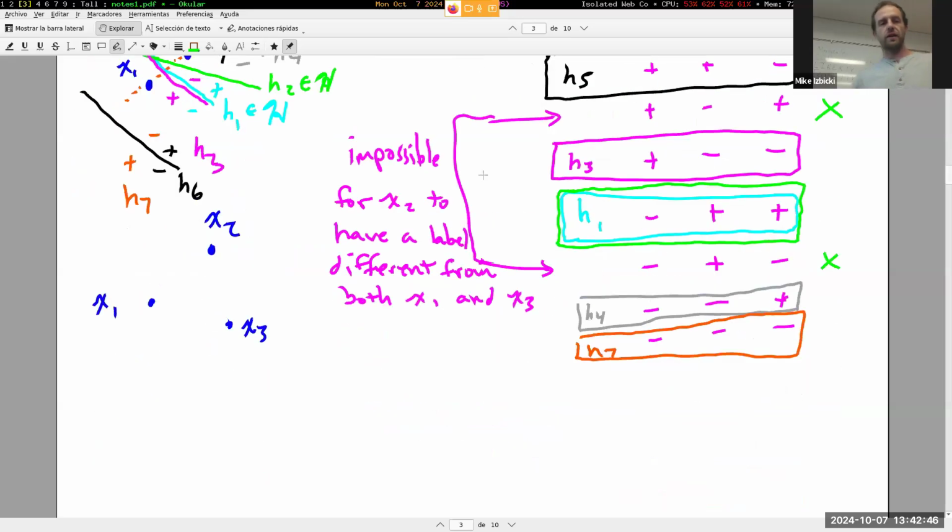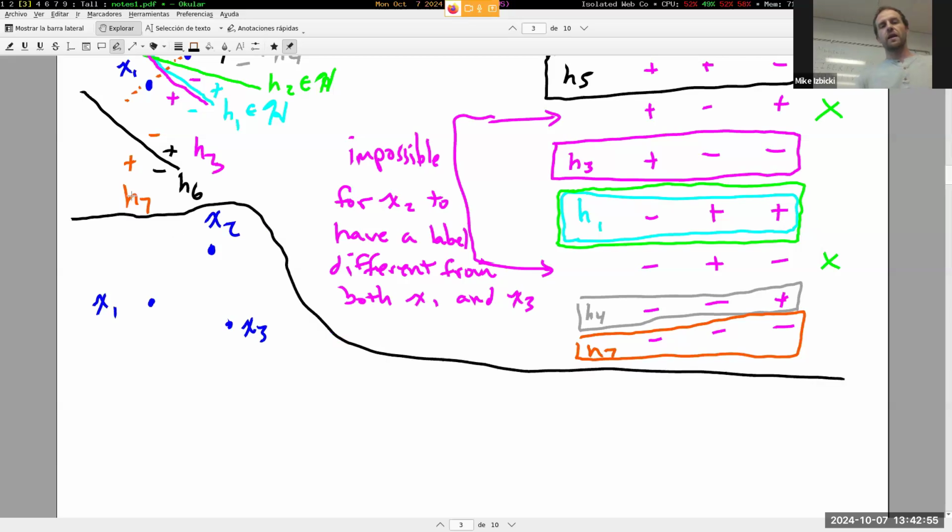The other data set down here, though, is the other possible case of what can happen. Now, it would be possible to separate out X2 from all of the other data points. We could draw a line like this, and whether we put positive on one side and negative on the other, or negative and positive, we can separate out X2 from the other data points.